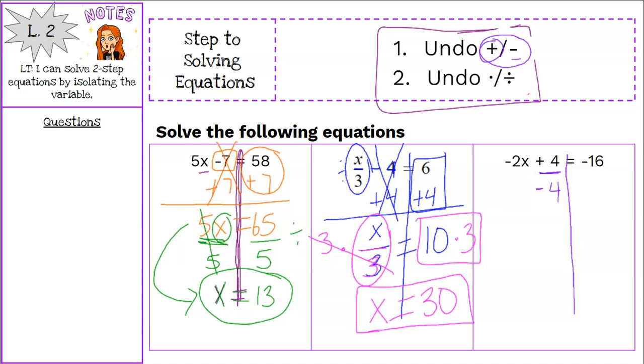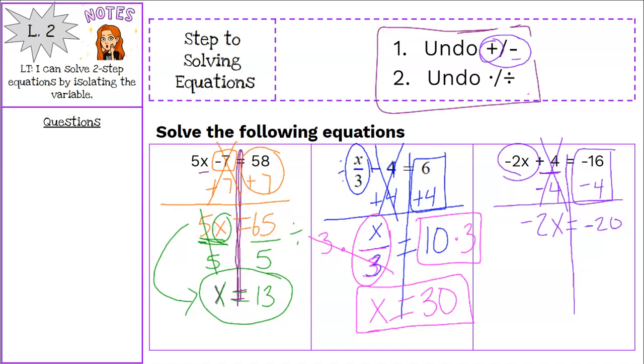If I do minus 4 on the left, I'm going to do minus 4 on the right. So 4 minus 4 is 0, leaving me with negative 2x equals negative 16 minus 4. Now remember, they're both negative, so we're going to add the numbers, 20, and keep the sign negative. If we're still struggling with our integer operations, you are able to use a calculator, not a problem.